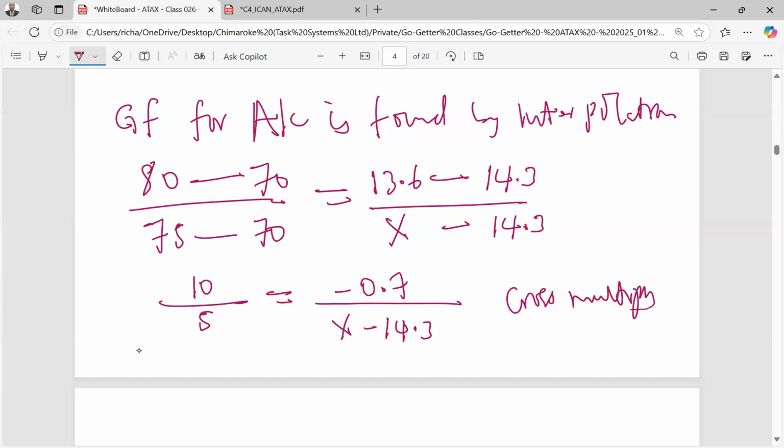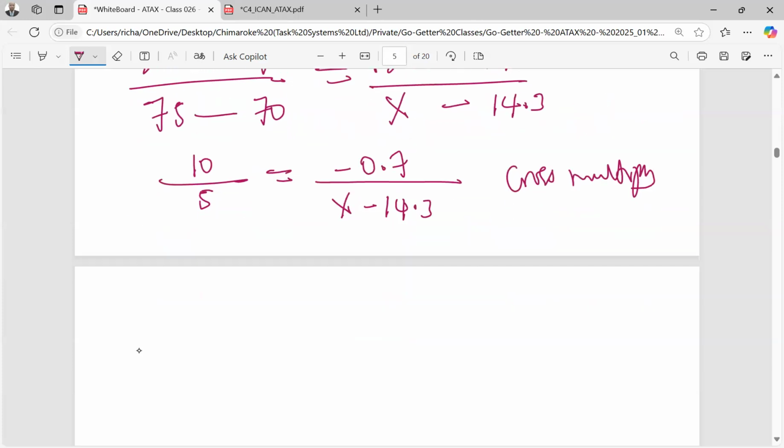Now you cross multiply. How do you cross multiply? This 10 that is up here will multiply this X minus 14.3 on the one hand. This equal to is this equal to here. This 5 here will multiply 0 minus 0.7.